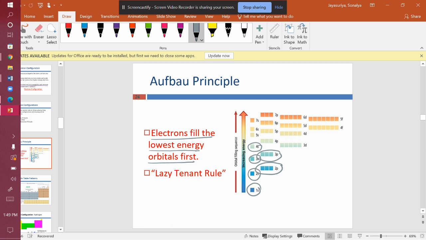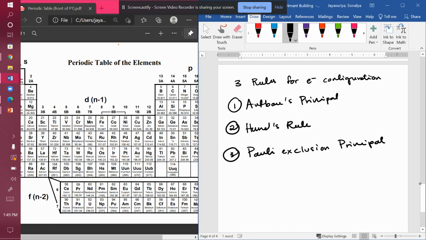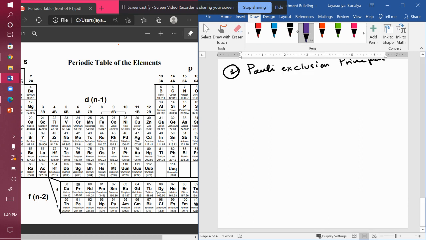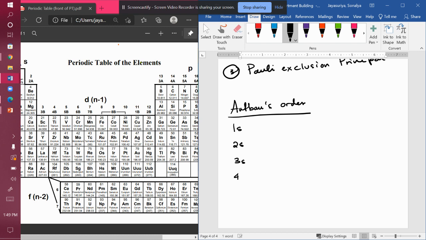Now you have to follow this order, and this order is a little bit complicated to remember. So because it's complicated to remember, there's an easy way to write it. So this is the way to write it: Aufbau's order. Okay? You start from 1s and you write all the way down to 7s. 1s, 2s, 3s, 4s, 5s, 6s, 7s.